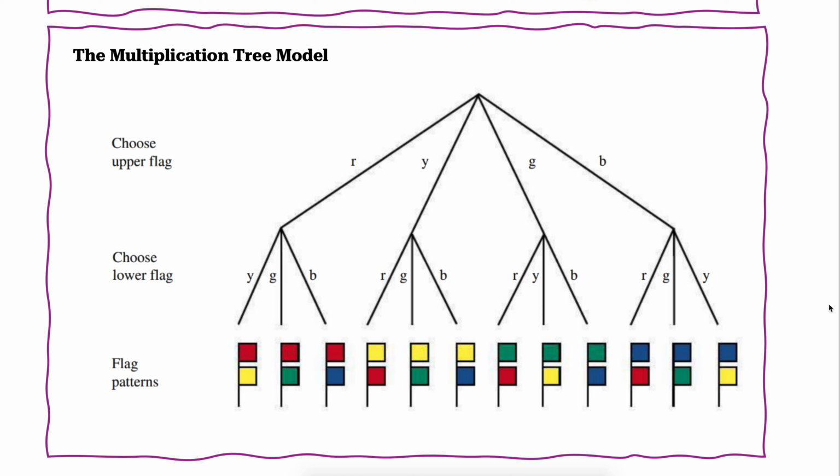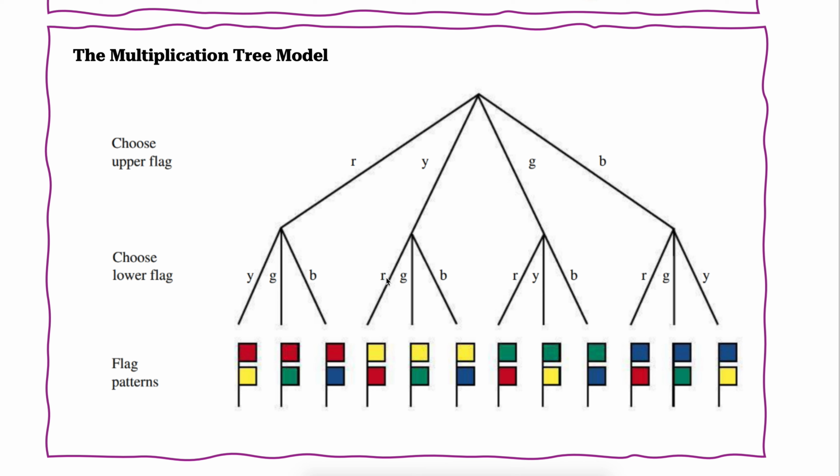So you'll notice on the bottom there's the flags. The 4 represents the different colors for the top flag. The top flag could be red, yellow, green, or blue. And if the top flag is red, yellow, green, or blue, you have the same 3 choices for the bottom flag. The bottom flag is going to be one of the other 3 colors, yellow, green, or blue, if red is the top.